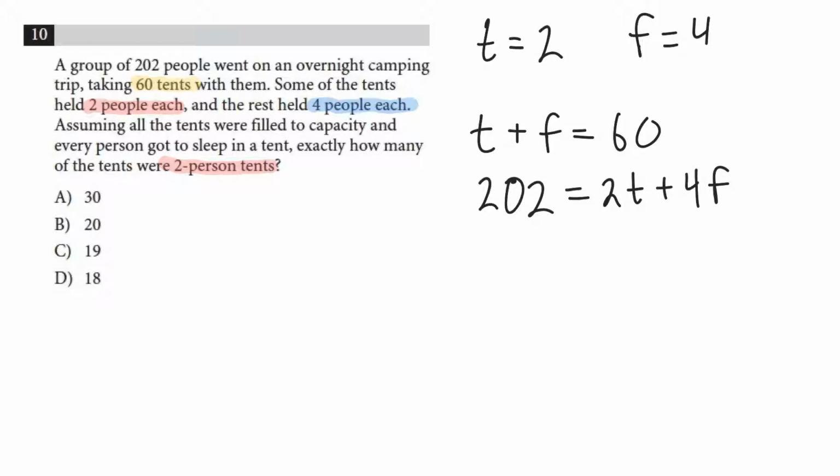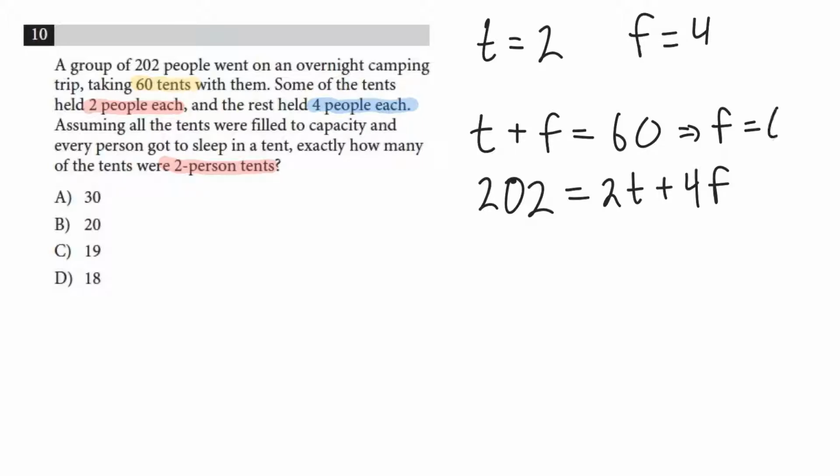So that's just going to save me a little bit of time. That way when I get my answer to this system, I don't have to plug anything back in to find the other variable.